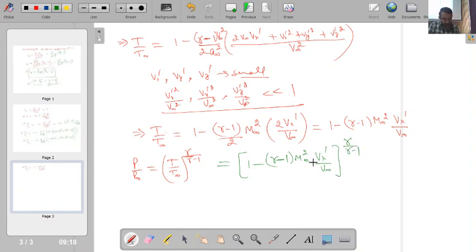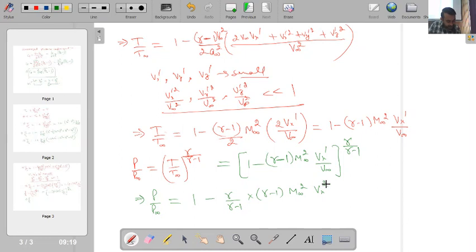Okay, now if I apply the binomial expansion, then it will be 1 minus gamma by (gamma minus 1) times (gamma minus 1) into M infinity square and Vx dash upon V infinity. Okay, minus some higher order terms which we will be actually neglecting.